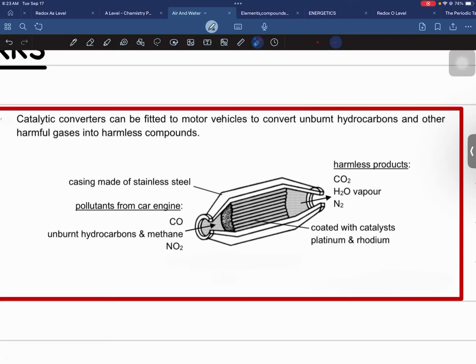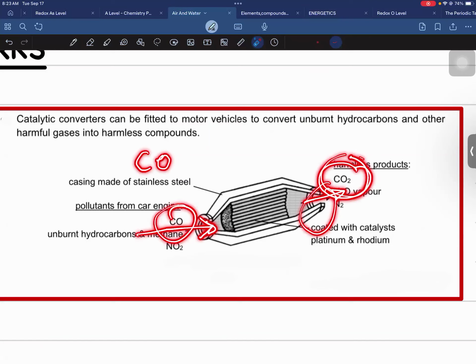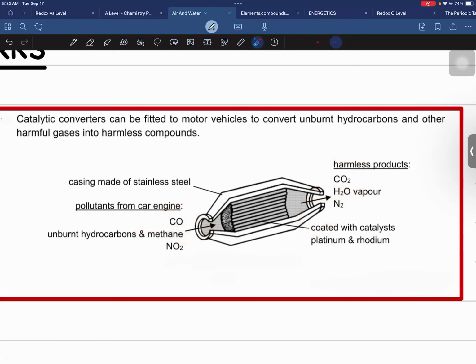In short, if you have CO, the most dangerous, colorless, odorless, very toxic gas, entering from here, when it exits from here it would be CO2 rather than CO. How is the CO converted into CO2?